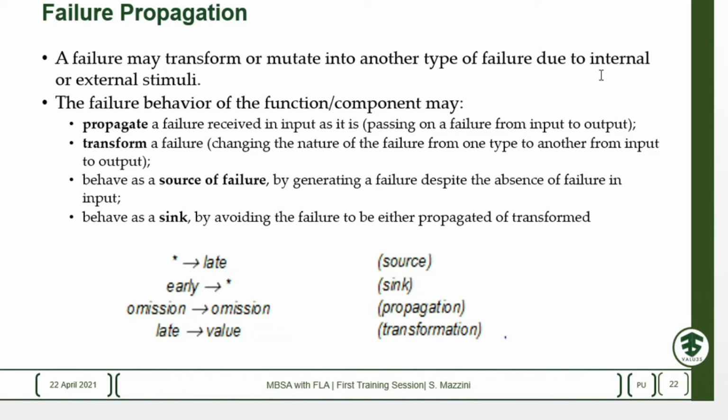Therefore, the failure behavior of a component may propagate in the sense that the failure is received in input and passed on as is, transformed into another failure, changing the nature of the failure from one type to another, behave as a source of failure, generating a failure despite the absence of failure in input, or behave as a sink, that is avoiding the failure to be propagated or transformed.